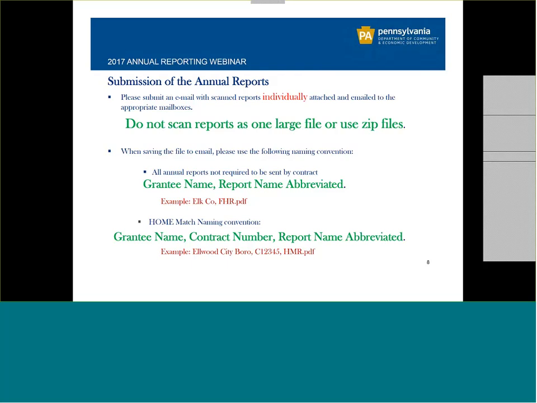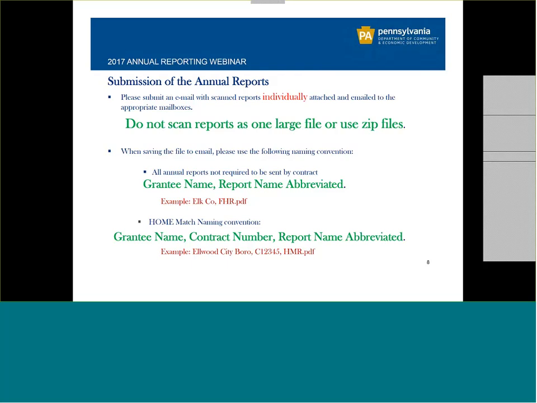And then we also ask for you to follow the naming convention that's labeled there. For all your annual reports, you put in the grantee's name and the report name abbreviated. So an example there is Elk County, and then FHR would be the Fair Housing Report. And then, of course, it would come up as a PDF, because that's what you're saving it as.